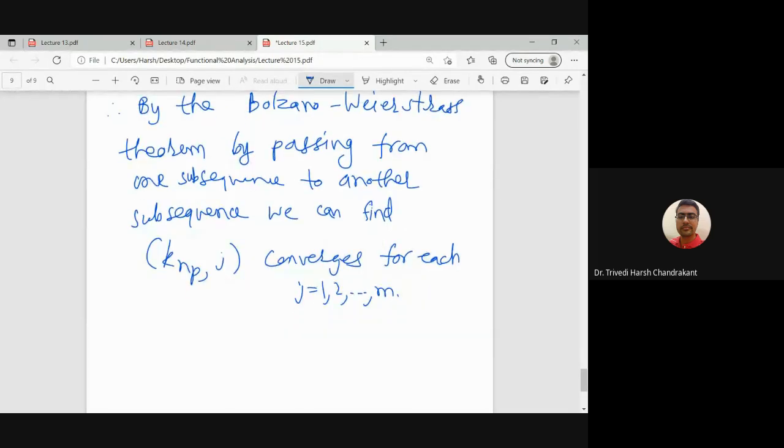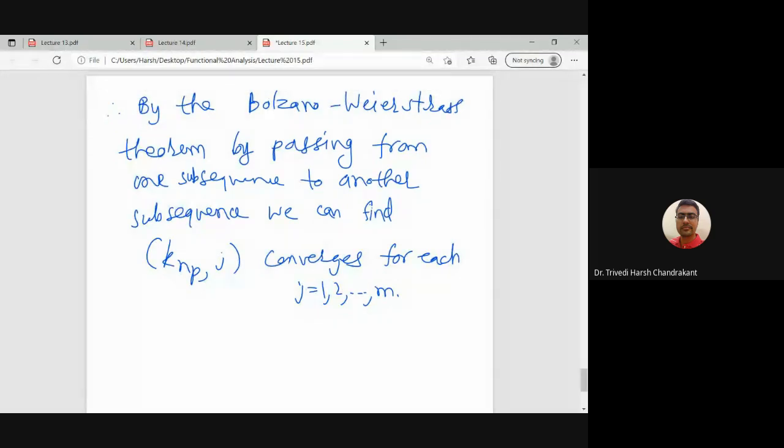Right. So if this converges for each j coordinate, then we know that the corresponding subsequence in xn converges.